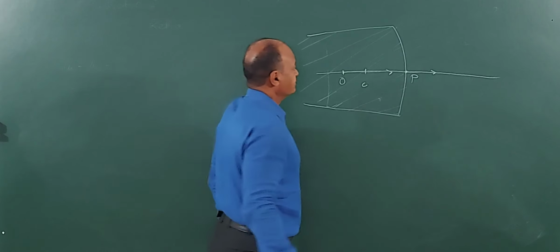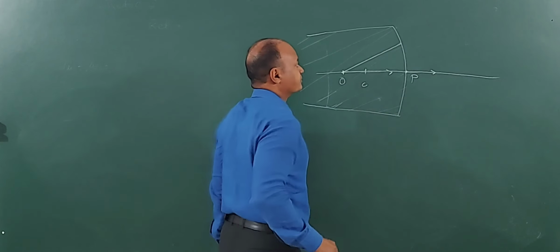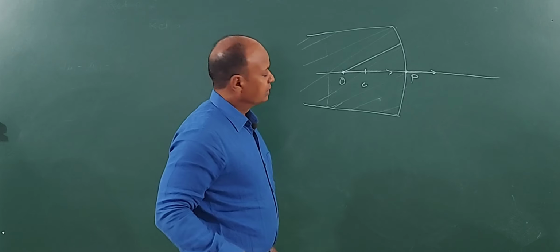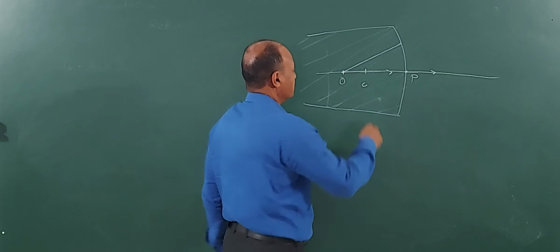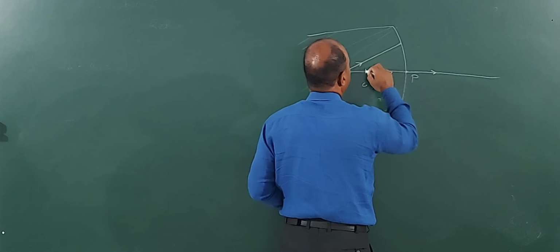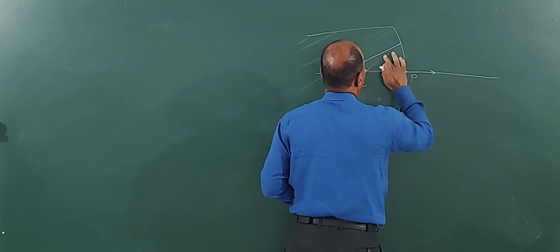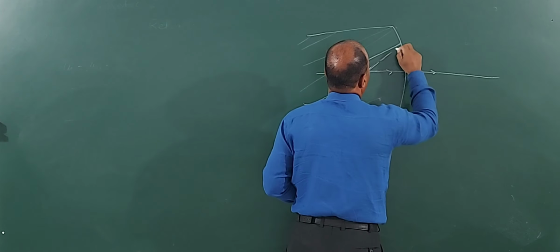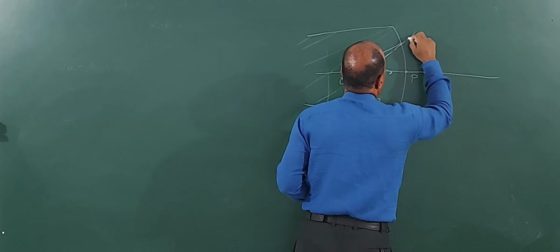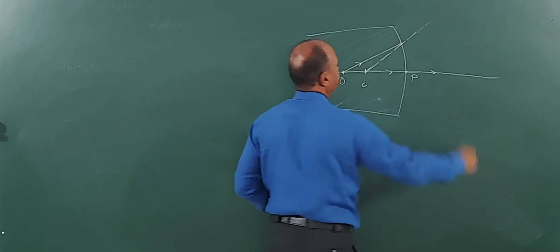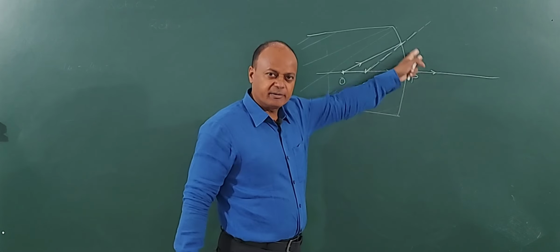And take another ray which is incident here. Now, at this point I need to know the normal. Let us see. This is the normal. Now, children, this ray is travelling from denser to rarer medium.